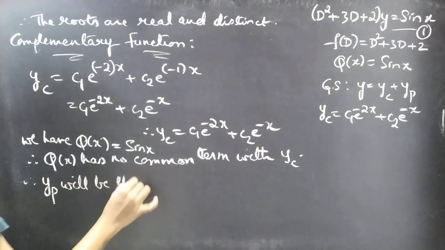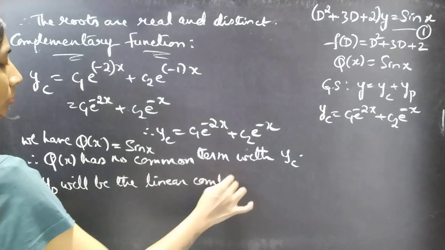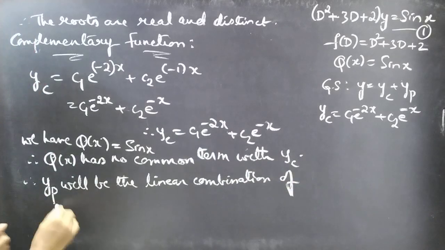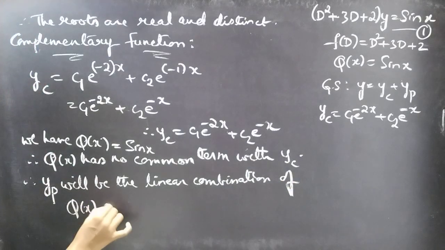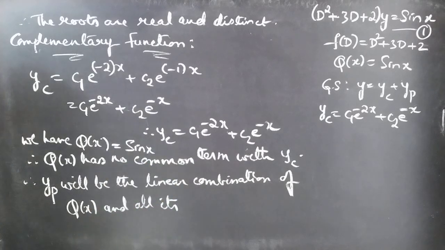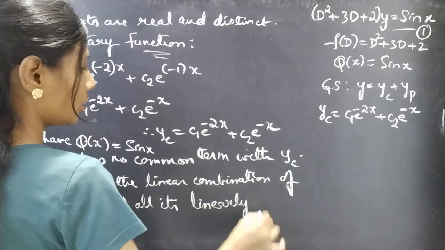Therefore, yp will be a linear combination of Q(x) and all its linearly independent derivatives.